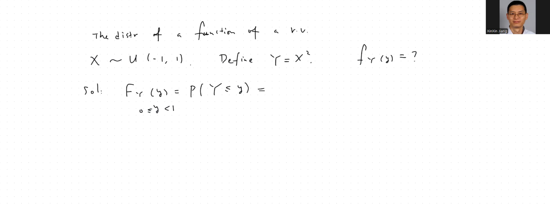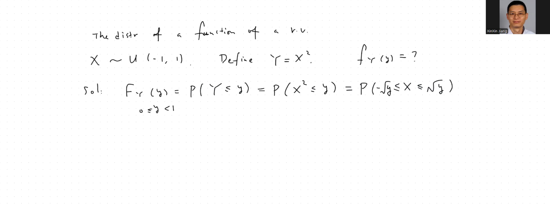Since Y equals X squared, we replace Y by X squared, and then X squared is less than or equal to y. We not only have this piece, we also have that, so don't forget about this piece.